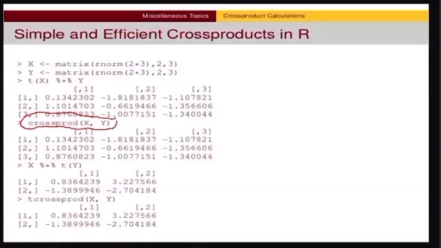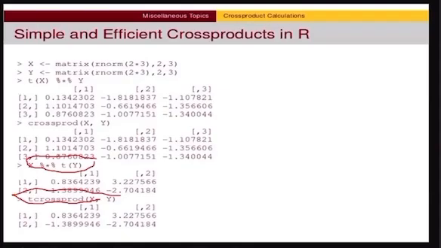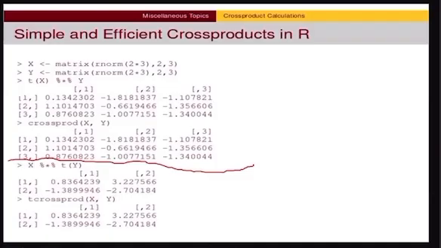Okay. And of course, you can also go the way of this one. Okay. And you can go the way of that for that one. So this is a different one. You take a look at what I'm doing here. It is X multiplied by Y transpose this time around.